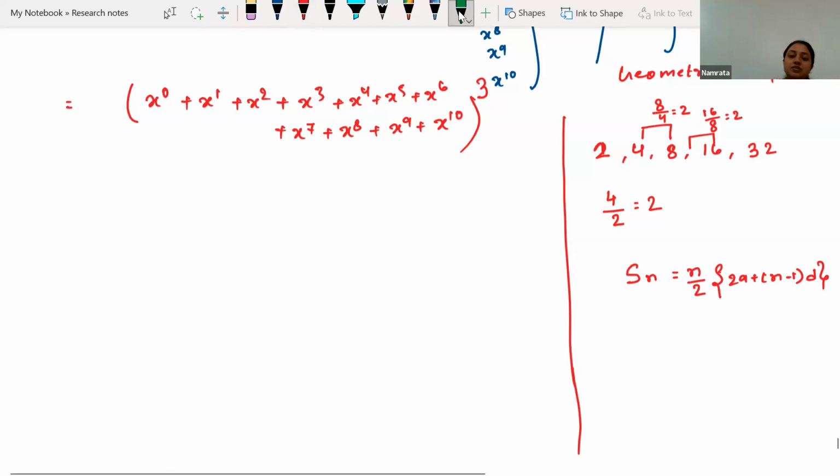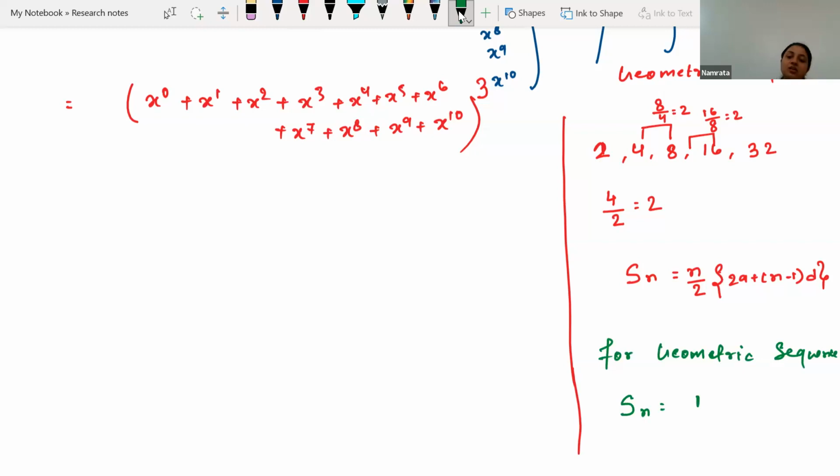Let me write it. For a geometric sequence, we have S n equals to, here two cases can be there, where your common ratio is less than 1 or it is greater than 1.